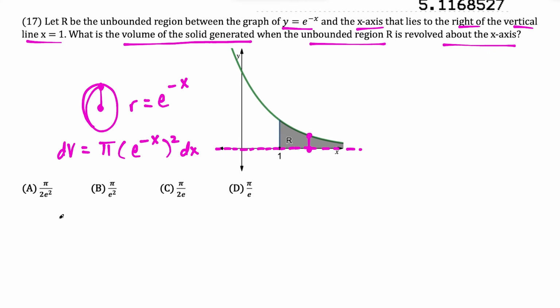So now we could simplify this a bit. dV, we could say, is pi times, and then e to the negative x squared would give me negative x times 2 is negative 2x, so I'd have e to the negative 2x, and then dx like this. But notice that we are going to integrate from 1 to infinity because R is an unbounded region. It's going all the way this way, okay? So we're going to integrate this from 1 to infinity, but notice that we're dealing with an improper integral, okay?